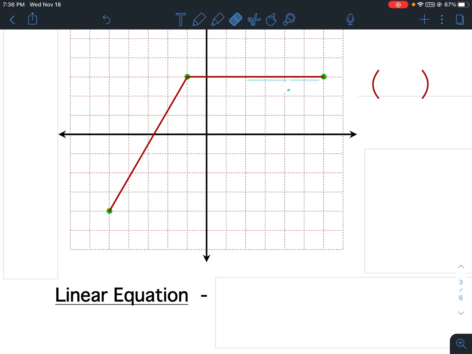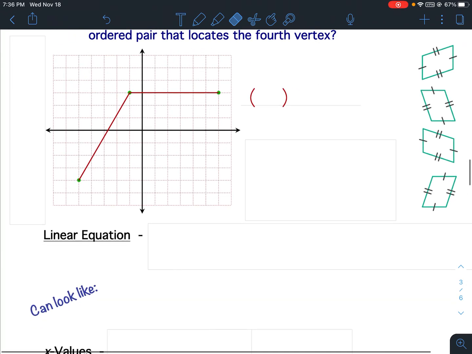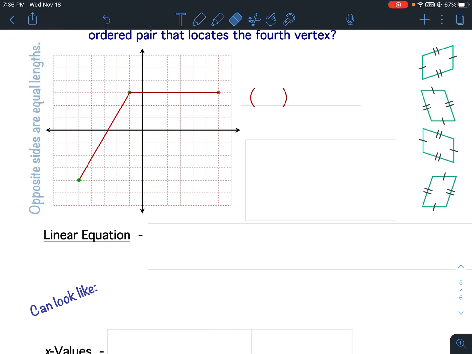Another way of doing it is to simply know that opposite sides are equal lengths. So the length of this top portion, from there to there, is 7 units long.